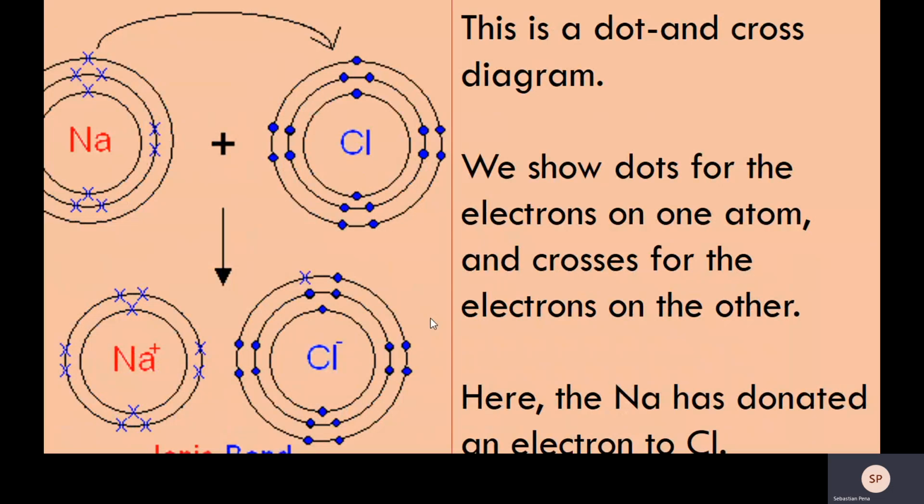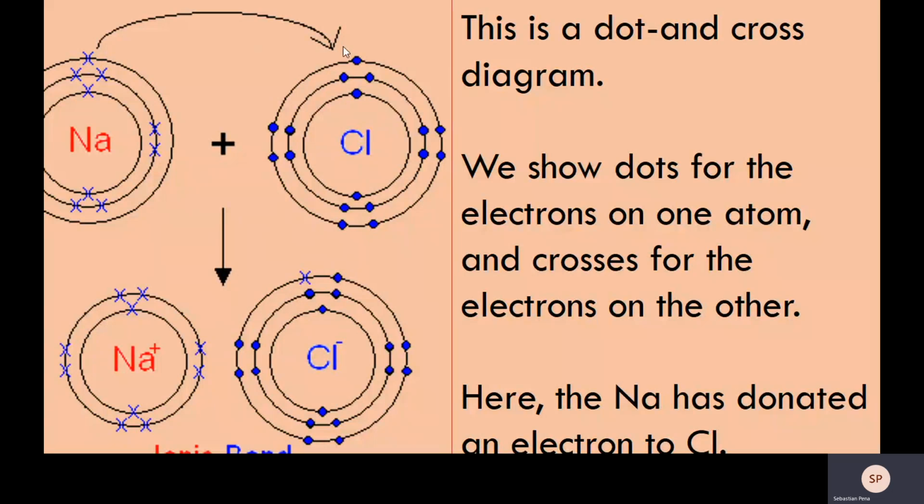Looking at what happens then, this diagram helps you to understand what happens. So if we know that sodium, because it's got 1 electron on the outer shell, wants to have a stable outer shell, we know that by losing 1, it can become stable. So this electron is released, and we know that chlorine wants to gain 1.